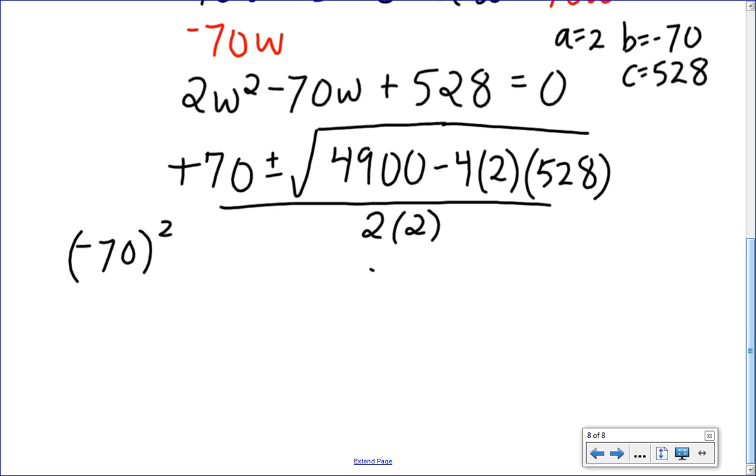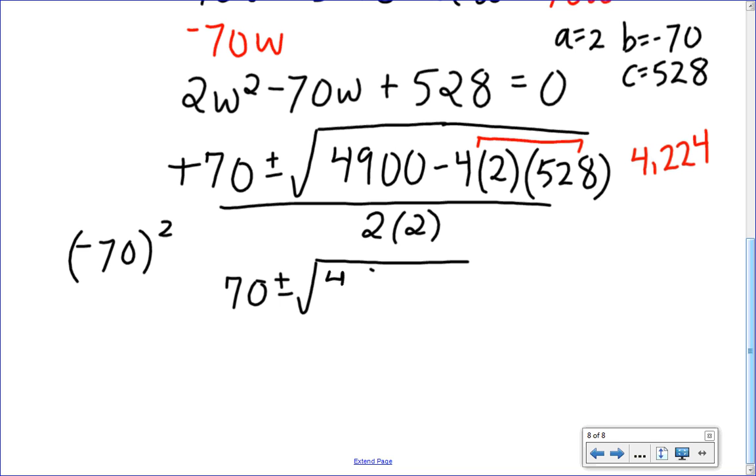Then when we combine like terms, we get 70 plus or minus the square root of 4,900 minus, this will combine to 4,224.